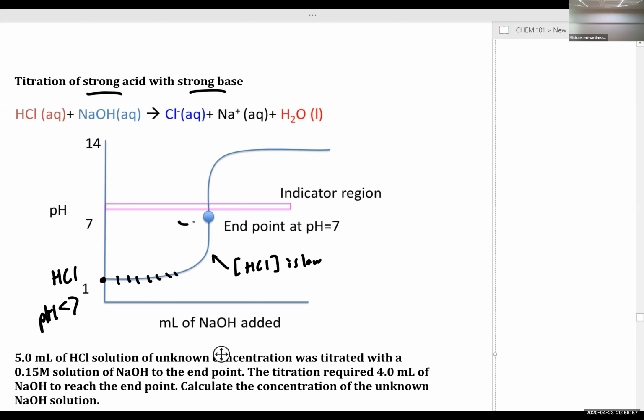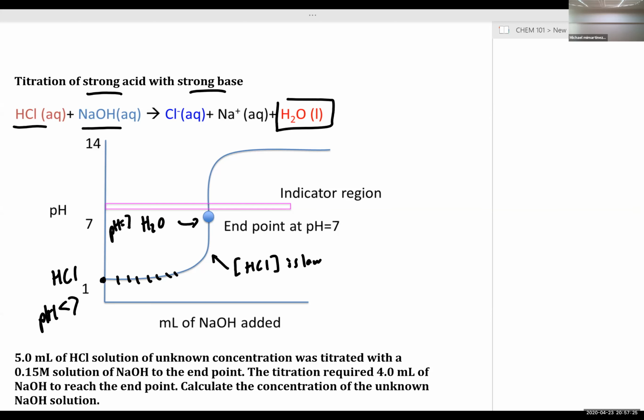And eventually we reach our end point at pH 7. Why pH 7? Just as a refresher, what is the product from the reaction of a strong acid and strong base? If our acid and base are in stoichiometric ratio, what do we have in solution? Water, exactly. And water has a pH of 7.